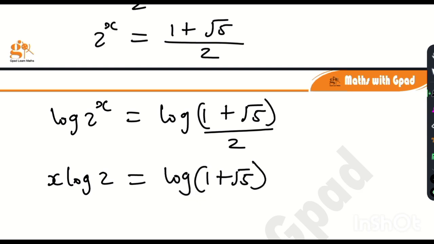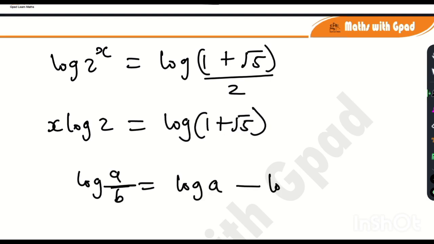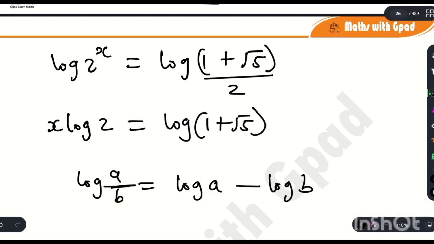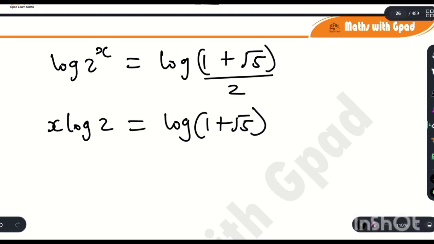From the division law of logarithm, if you have log a over b, this can be written as log a minus log b. So I'm going to be using this law of logarithm to rewrite this logarithm as, what's this now? As minus log 2.